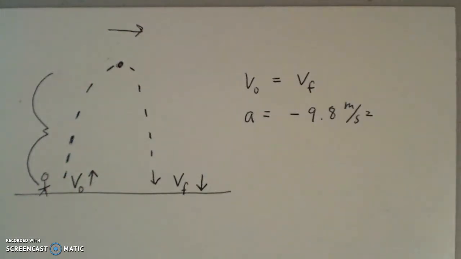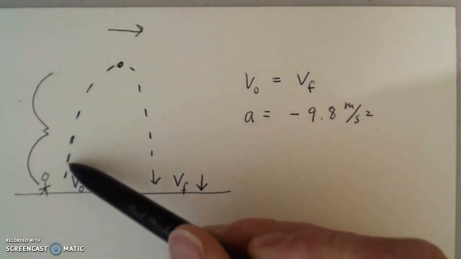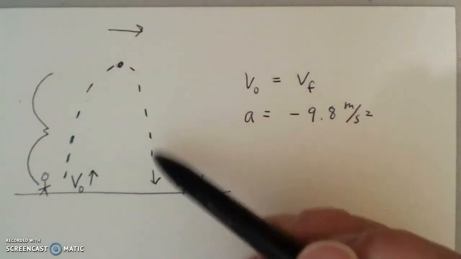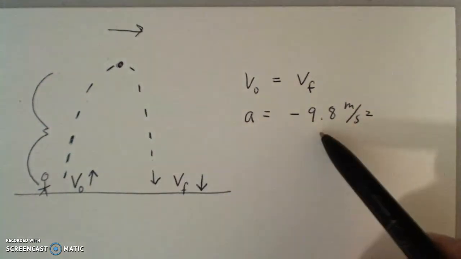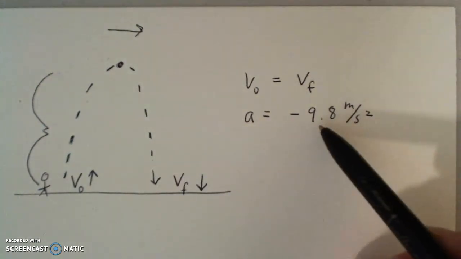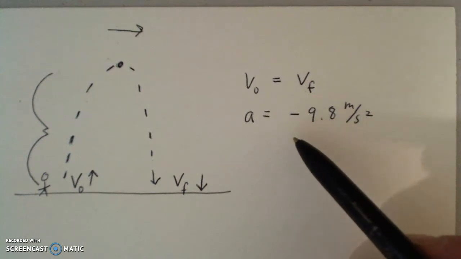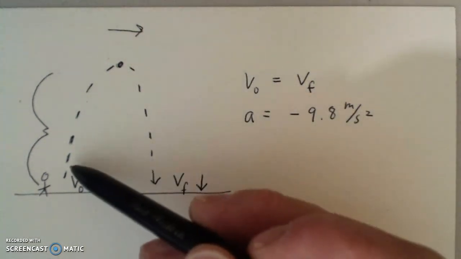If we're thinking about velocity-time graphs and position-time graphs from the previous week, the acceleration vector is the same. If I asked you, what's acceleration here, here, here, here, or here, it's all going to be negative 9.8 because acceleration is a constant value. Velocity, however, is going to be different.